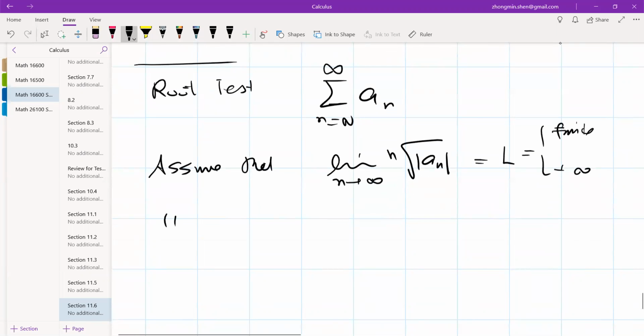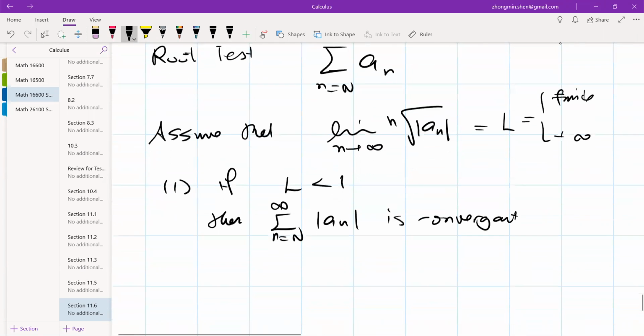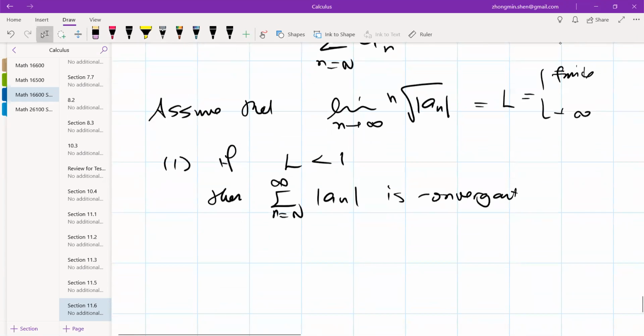Okay, so case 1, if L is less than 1, then again it's a similar statement. This is convergent. The only difference here is just the limit type. Second, if L is greater than 1, could be infinity, right?